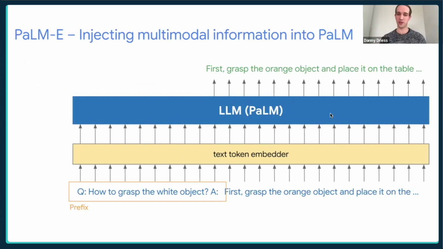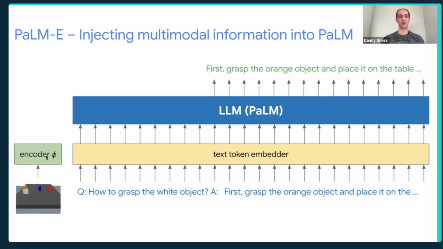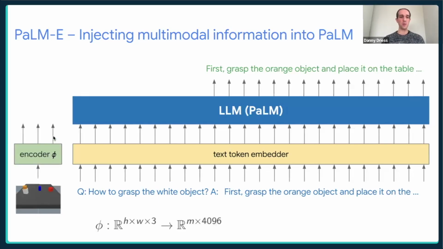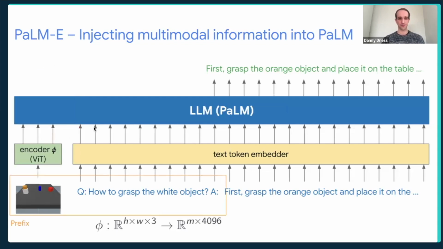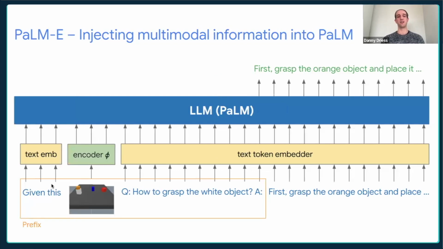So this is how most LLMs work these days. And then the idea was, okay, we take an encoder, which could be another neural network, which maps an image into the same embedding space, with the same dimensionality as these text tokens. And so then we can basically just place images arbitrarily in the text, and this way created a multimodal model.